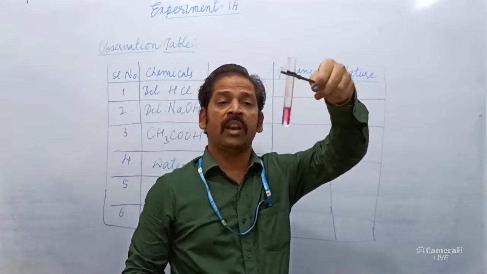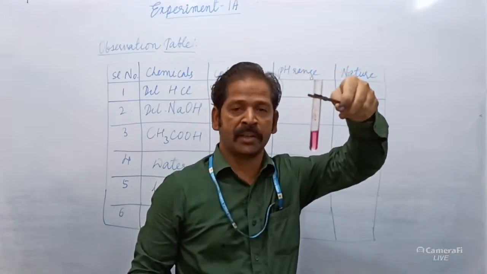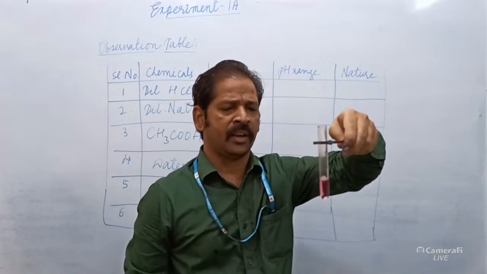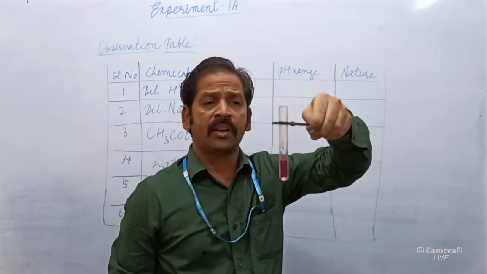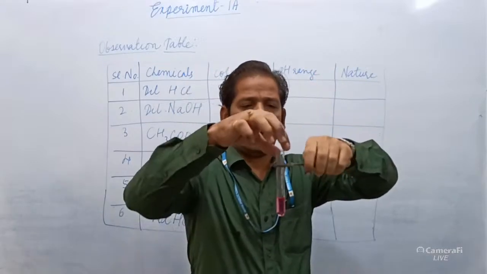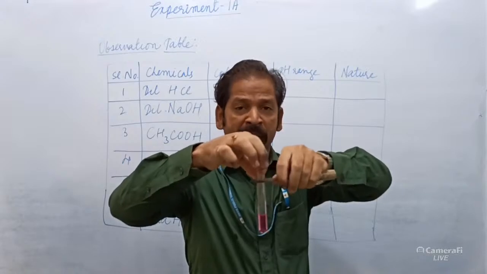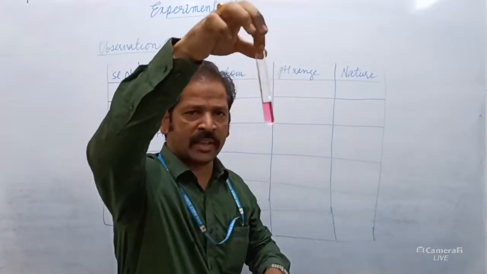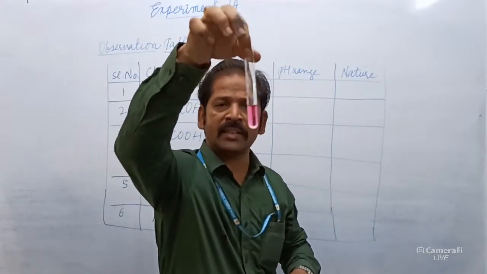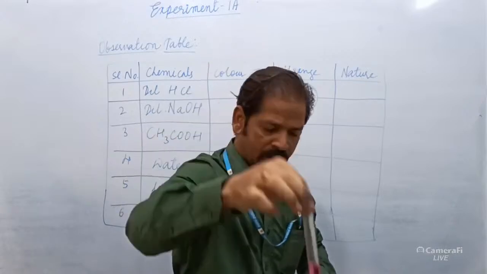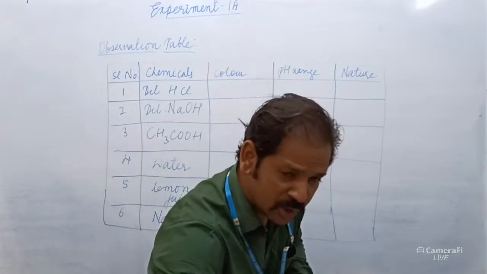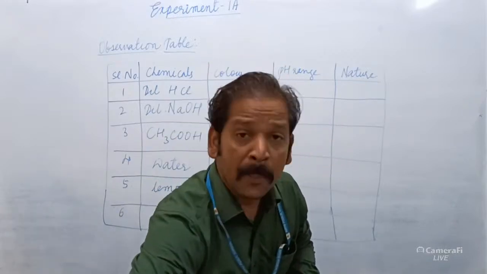The color is pinkish, pink color is there. It is dilute HCl. I'll write the color is pink. Here the chemical is there and the color is pink. I'll keep it here. Test tube A, the color is pink.